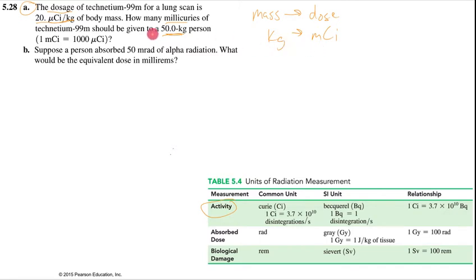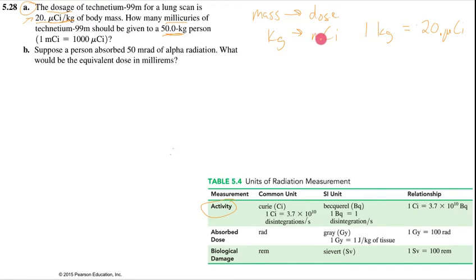Now, we have a relationship here. I'm gonna write this out a little bit different way. What it's saying is that for every 1 kilogram body mass, you need to administer a small dose of radiation, basically 20 microcurie. Well, right embedded within that relationship is our connection between the two types of units, right?